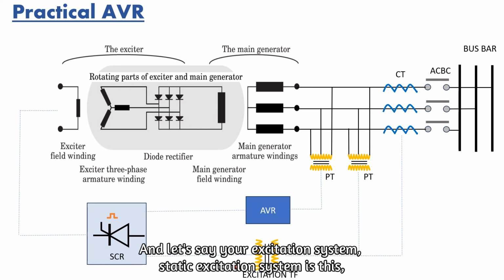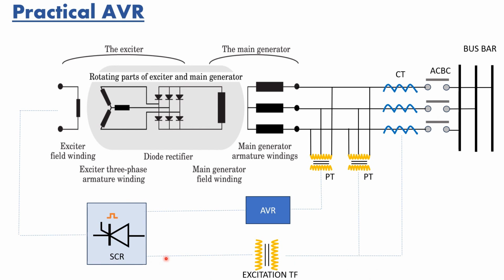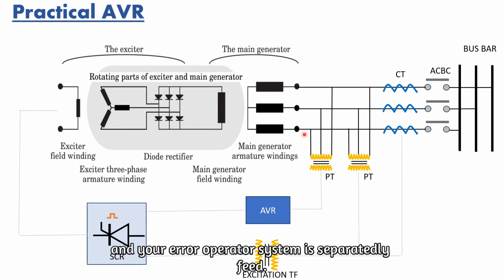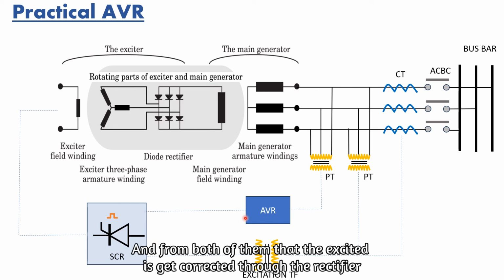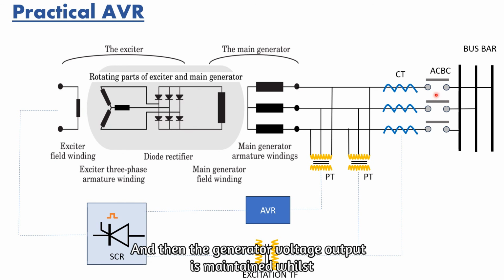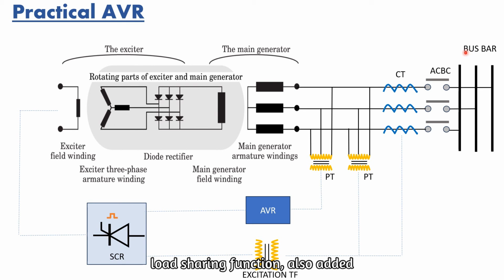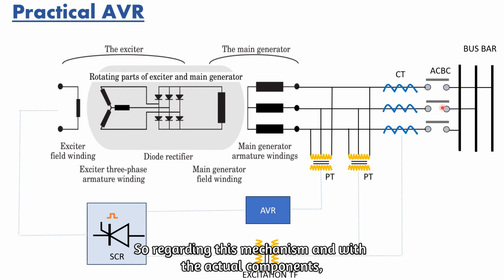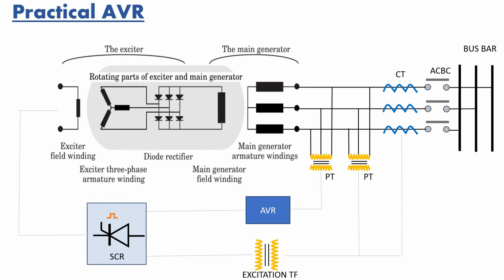And let's say your static excitation system is this, and your error-operated system is separately fed. From both of them, the excitation is corrected through a rectifier or the SCR system. And then the generator output voltage is maintained whilst the load sharing function is also enabled. So regarding this mechanism and with the actual components, let's discuss in the next video.